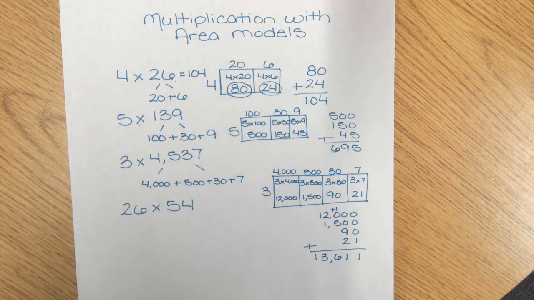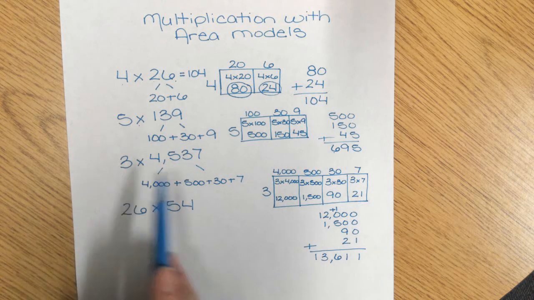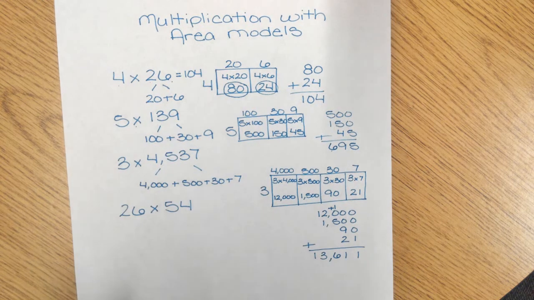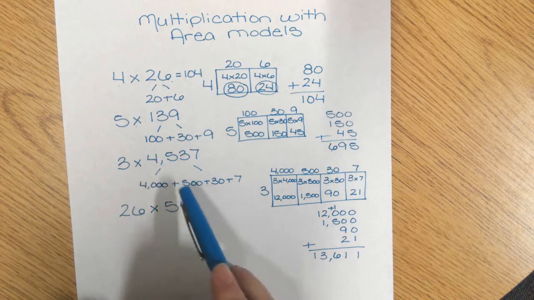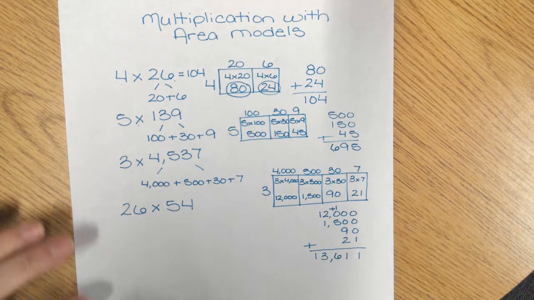And we need to make sure that we know how to do the area model for this. So this isn't that much different than a 1-digit by a 4-digit or a 1-digit by a 3-digit. We just have to make our area model look differently. And instead of breaking apart one number by place value, we break apart both numbers by place value.